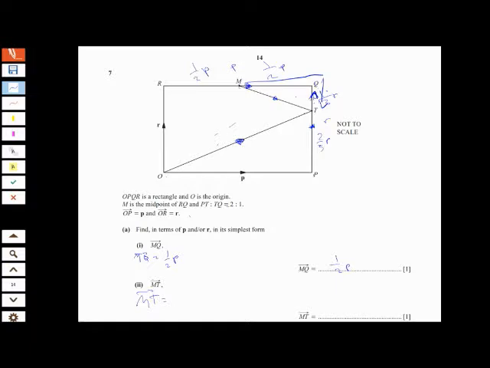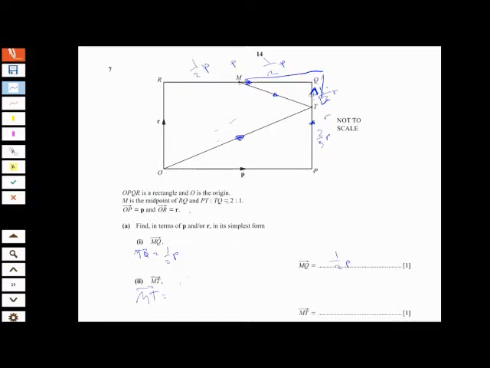So MT is MQ plus QT, but of course not plus, it's minus, because opposite direction. MQ is half P minus QT, which is 1 over 3 R. That's your answer.